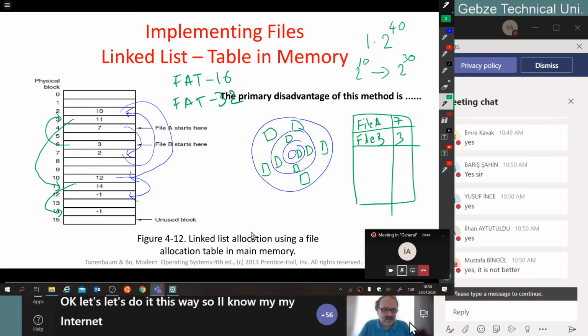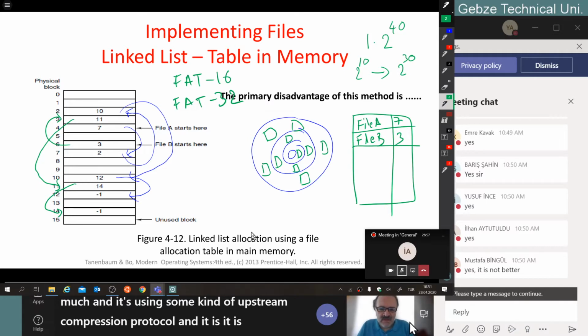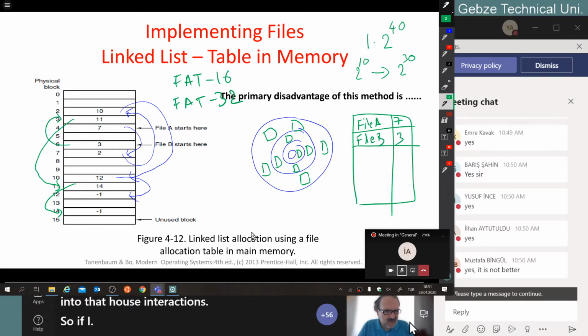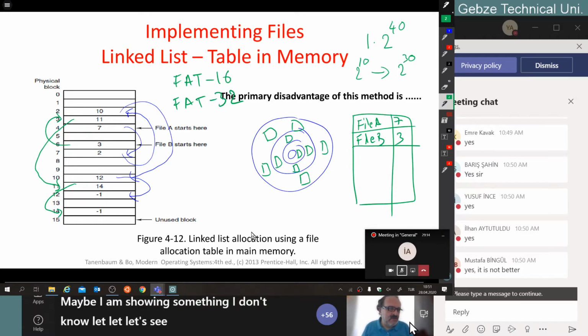I think that Teams is compressing it too much, using some kind of upstream compression protocol, and it is not sending the bytes one by one. It's buffering them and sending them later, and that causes interruptions. So if I load my network artificially like this, then maybe I am solving something. I don't know. Let's see. Okay, so we will do it this way.